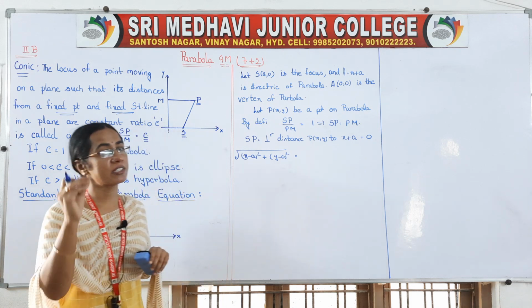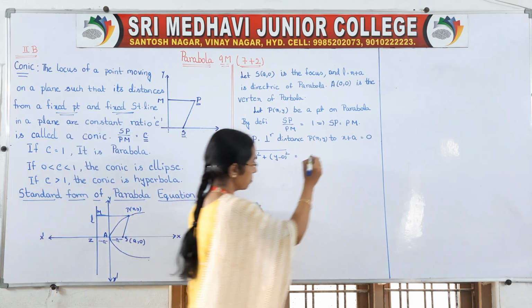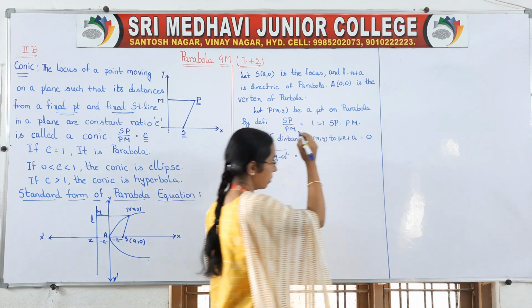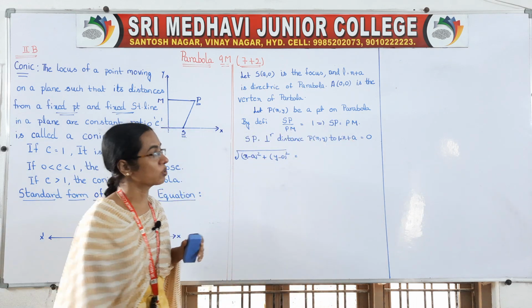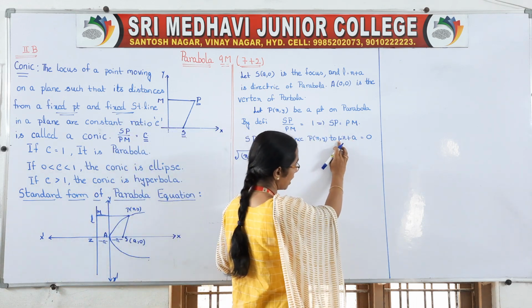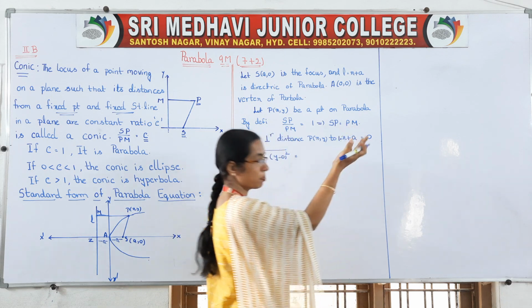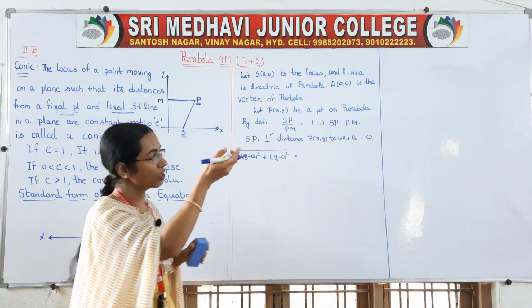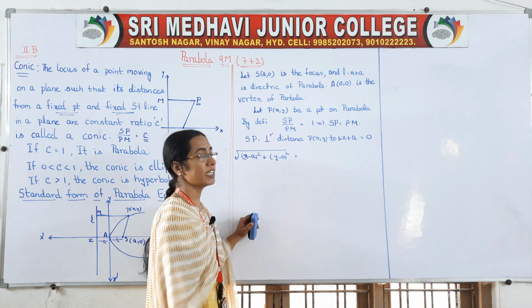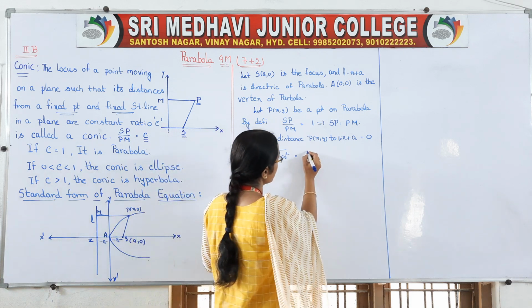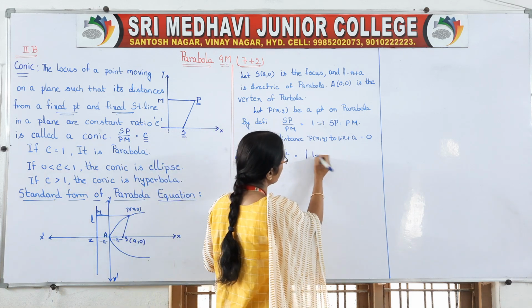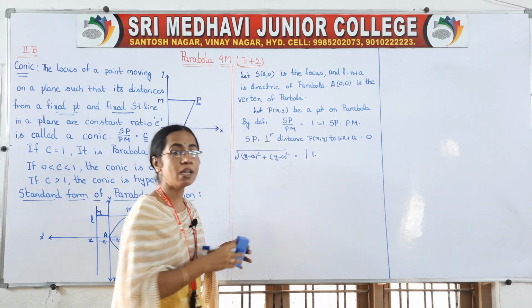You know it: modulus of (ax naught plus by naught plus c) by root of a square plus b square. Here a is 1 into x, the y term is not there, 0, and the constant is a.